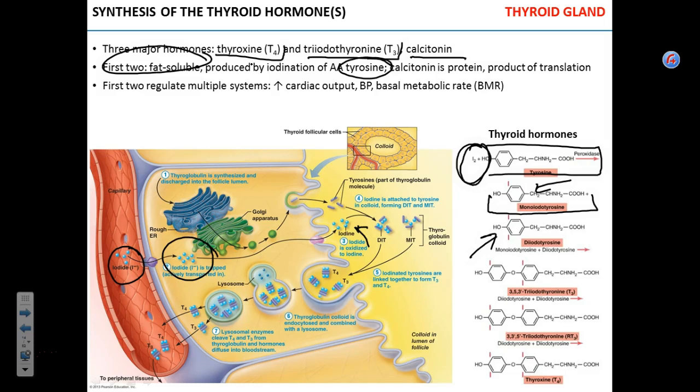Then they combine. There's some organic chemistry going on. What you end up with is a molecule with 3 iodine residues, and eventually a molecule with 4 iodine residues. You follow me?